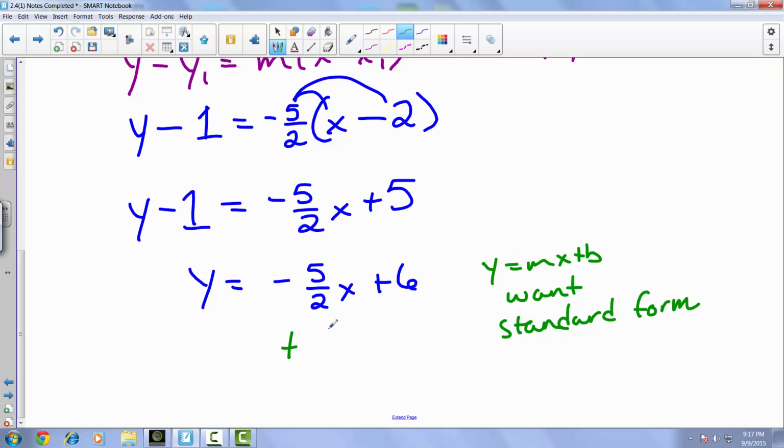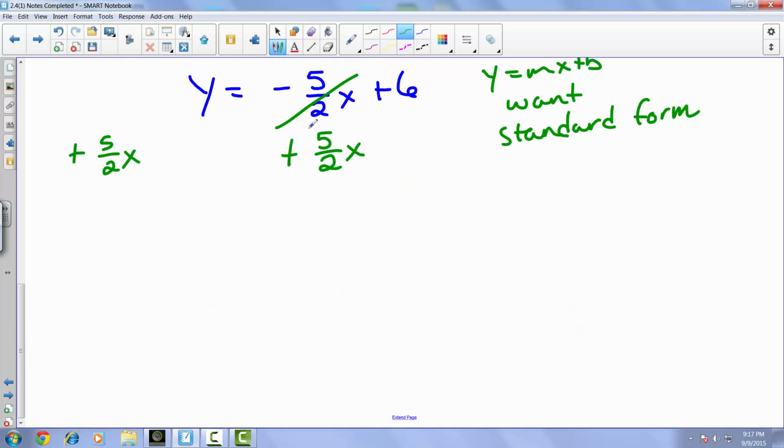So we're going to go ahead and add this 5/2 x to both sides. And once we do that, on the right side they cancel. On the left, we have 5/2 x plus y. Again, y was positive, equals 6. But again, as always, we can never have a fraction in any part of our standard form.